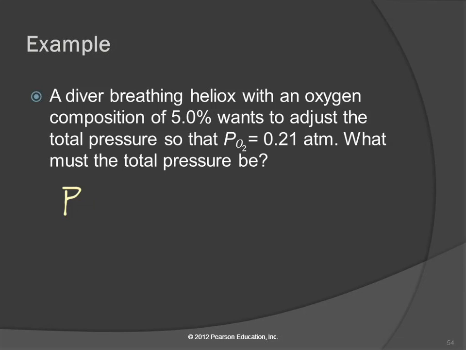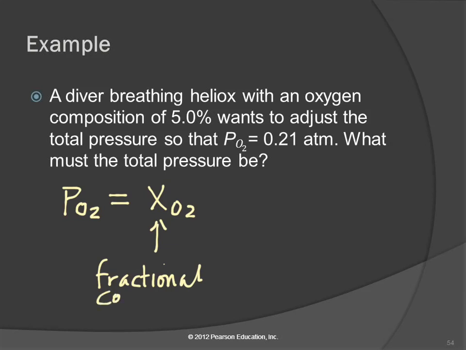The pressure of the oxygen, way back when we first started talking about this stuff, equals the fractional composition, which they didn't introduce to you. I just didn't want to write all that out in the equation because it's too long.